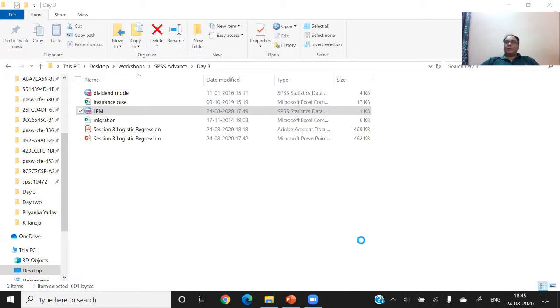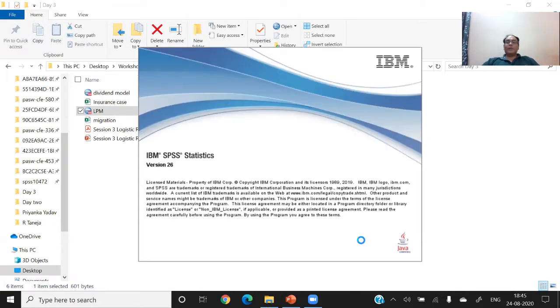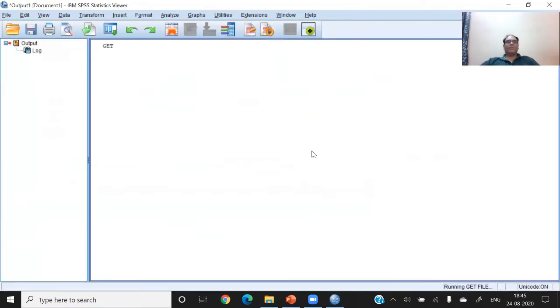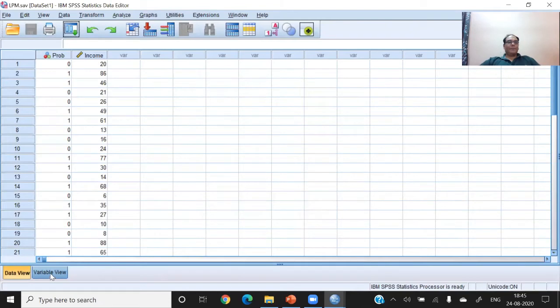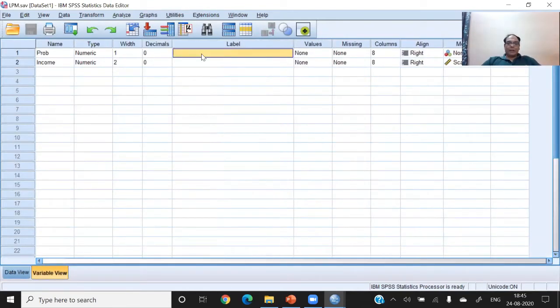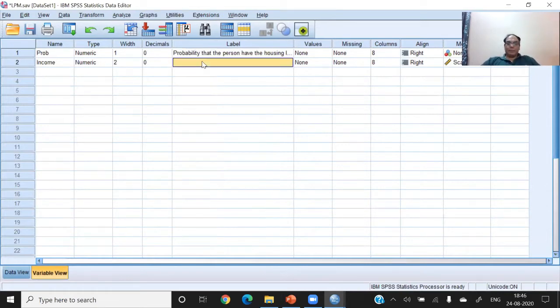In this model, there are two variables. One variable is income, and the dependent variable is the probability that the person has a housing loan. This is the data: the probability that the person has the housing loan, and second is the income, monthly income.